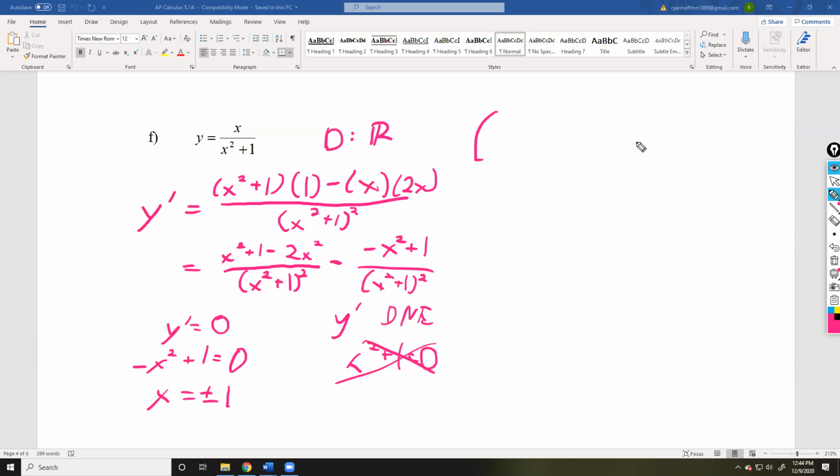So now here's where we make our sign chart. Here is -1. Here is +1.